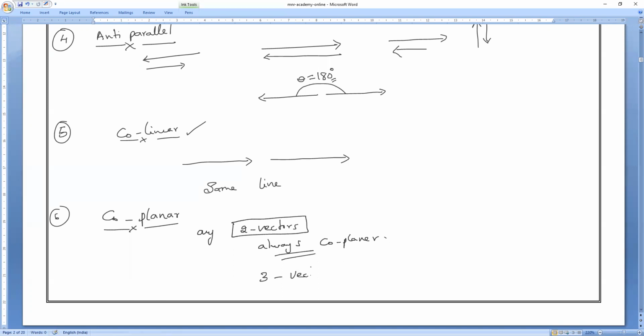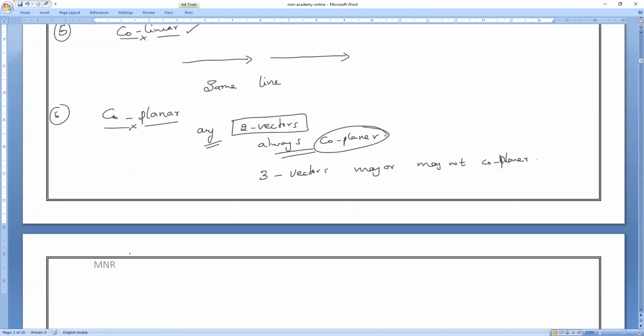If you take three vectors, they may or may not be coplanar. Of course, we'll study many examples. But any two vectors are always coplanar. That is what you have to remember.